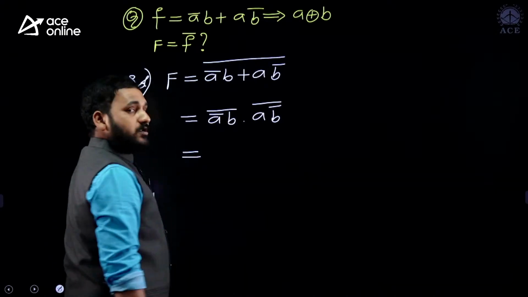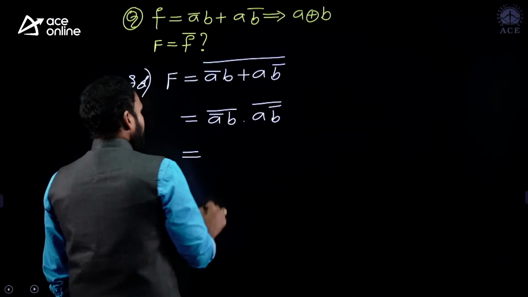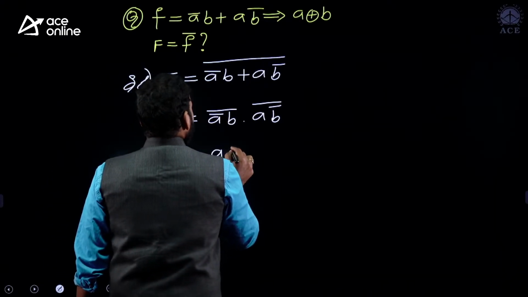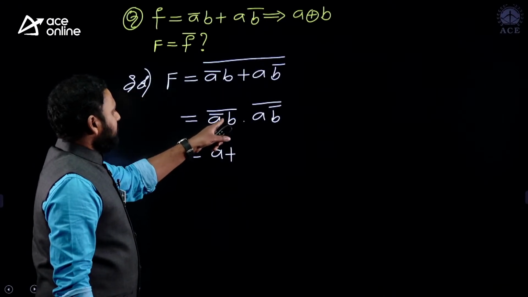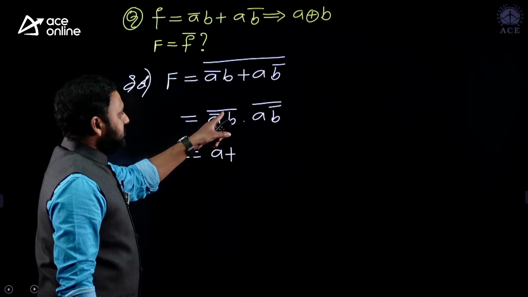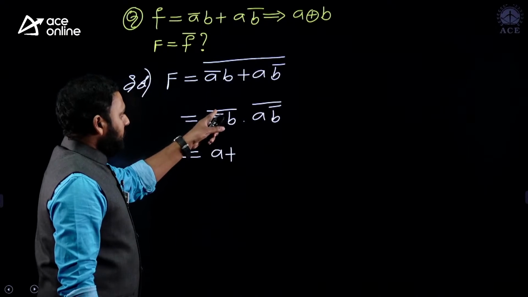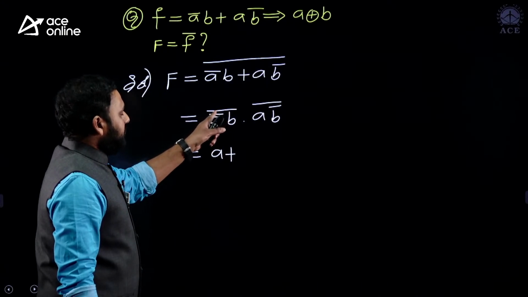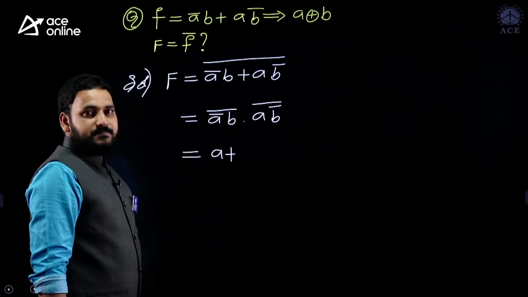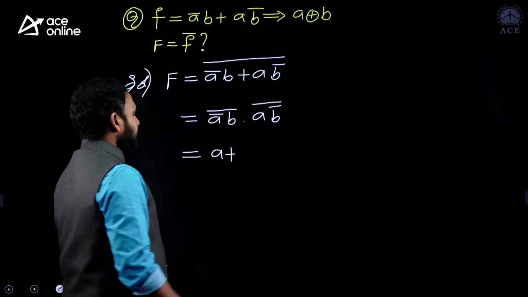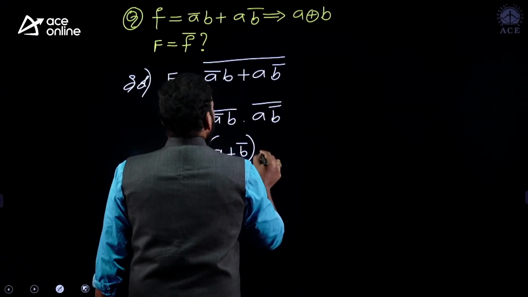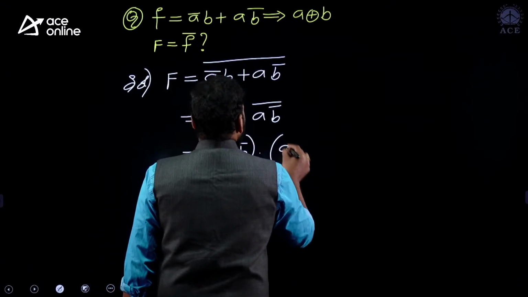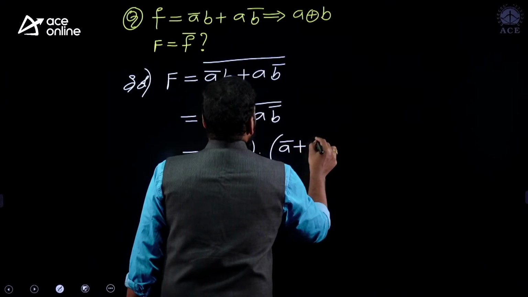Again we can apply De Morgan's here: A bar dot B whole bar is A plus B bar, and bar and bar get cancelled. So it will become A plus B bar, dot, A bar plus B double bar.